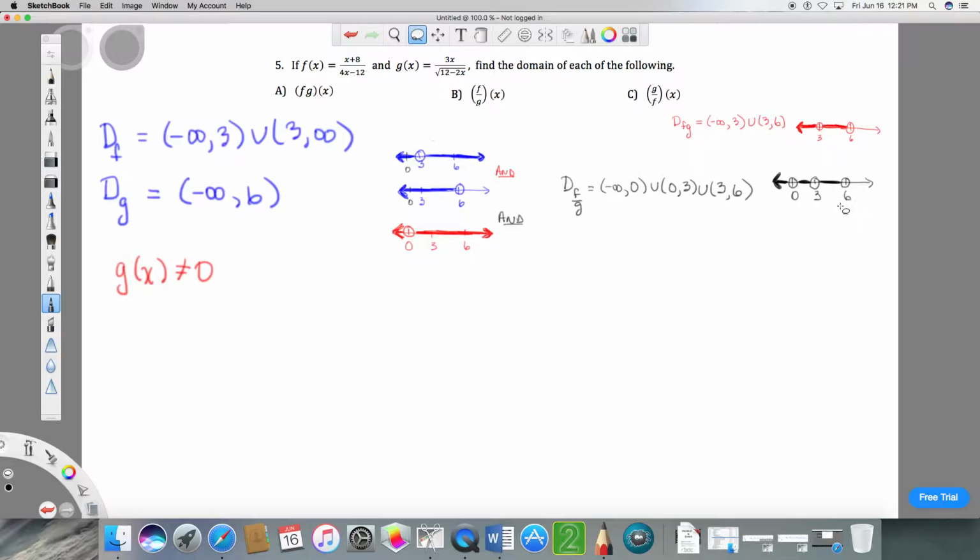Those are also excluded here on the bottom, with the additional restriction that we excluded 0 because it was 0 that caused division by 0. And that's why we had to throw it out.